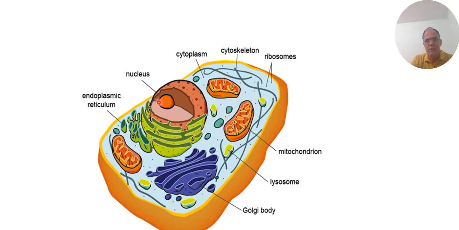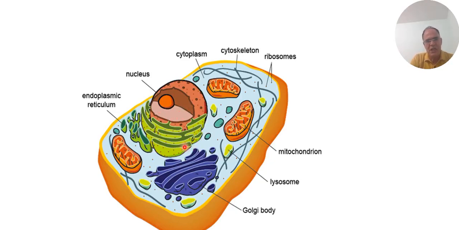One of the most important organelles inside the cytoplasm is the nucleus. The nucleus is the command center of the cell, because the genetic material found inside the nucleus controls all features and functions of the cell.